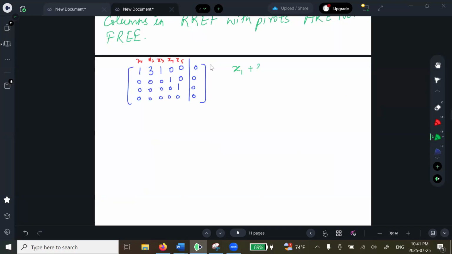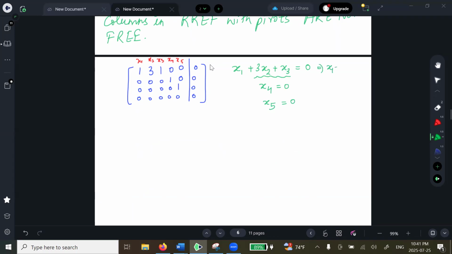So x1 plus 3x2 plus x3 equals 0. x4 equals 0 from the second equation. The third non-zero row gives me x5 equals 0. I can simplify this a little bit.